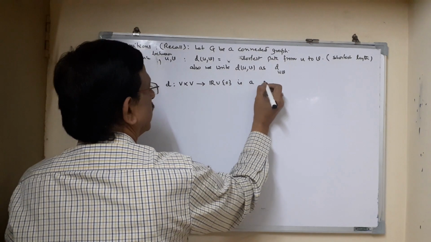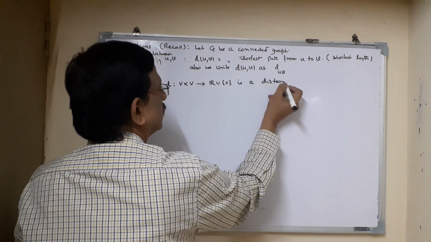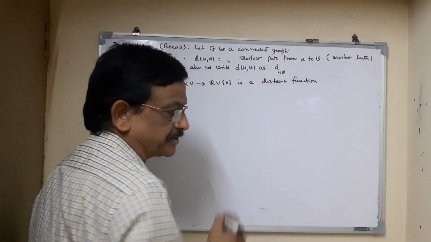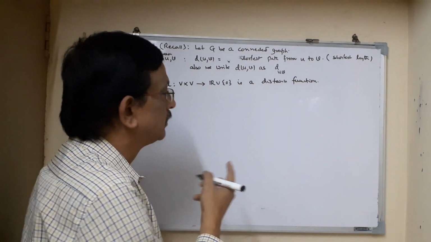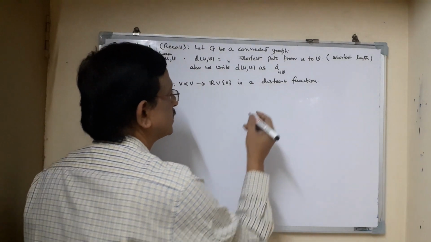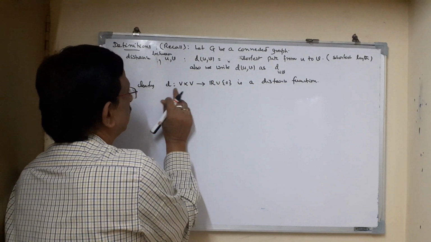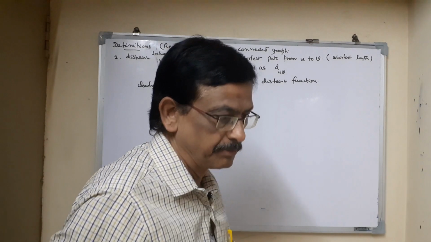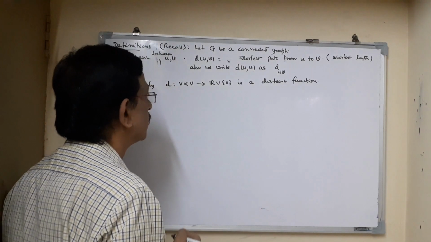In the metric sense, d is a metric. So a distance function is nothing but a metric. Given U comma V, d of UV is a non-negative number, including zero.